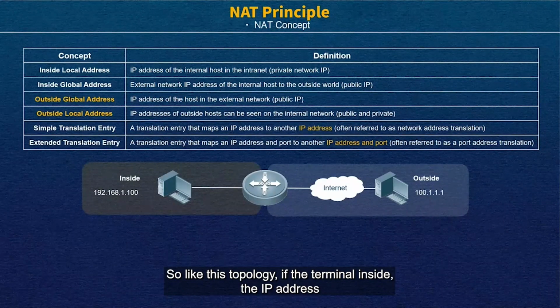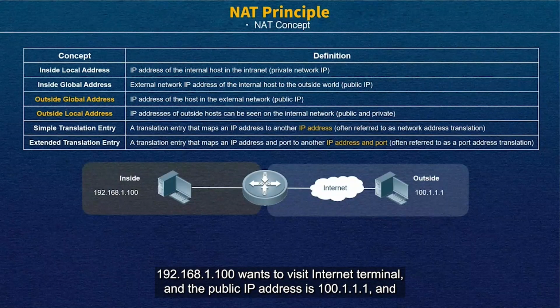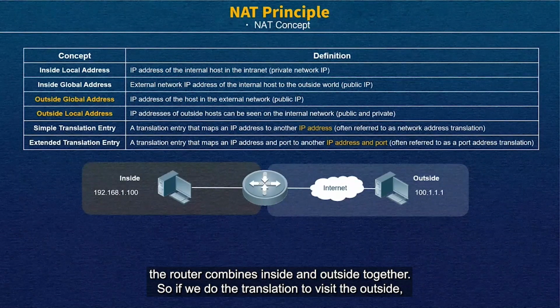Like this topology, if the terminal inside with the IP address 192.168.1.100 wants to visit the internet terminal, and the public IP address is 101.1.1.1, and the router combines the inside and outside together.